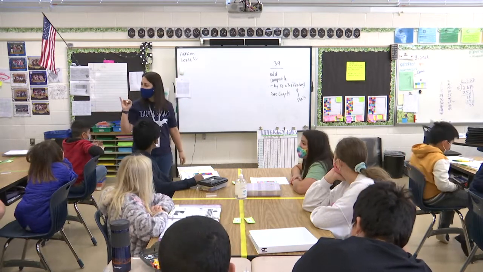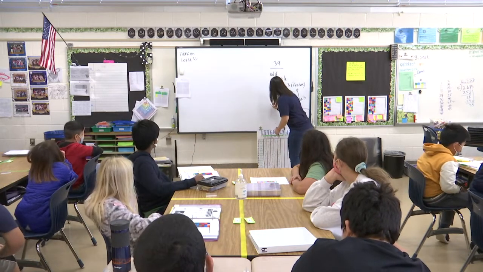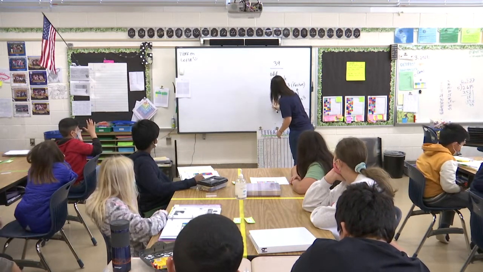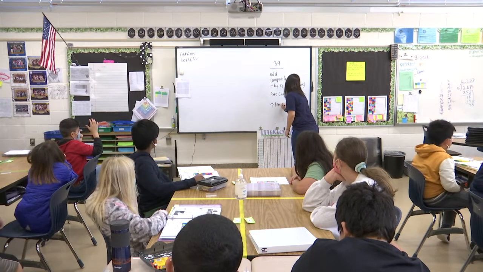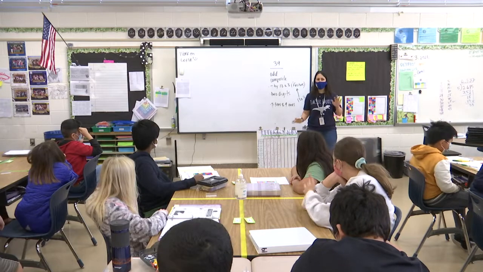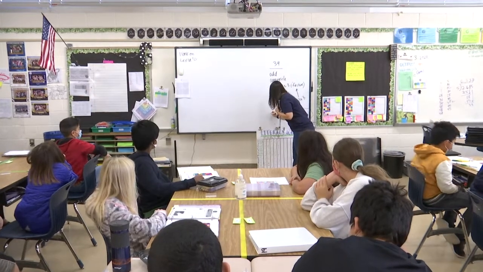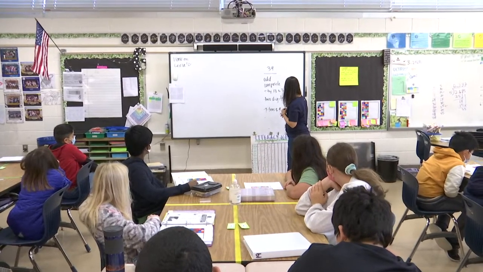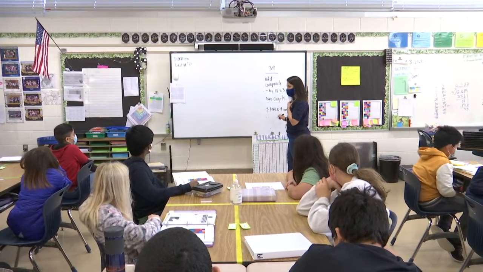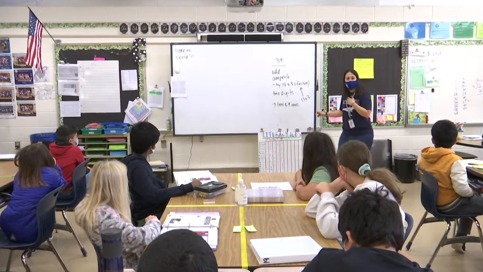Shashini? It has 3 tens and 9 ones. Anything else? Yeah? 3 times 13 is 39. Say it one more time. 3 times 13 is 39. Yeah, we got that one. What about rounding?